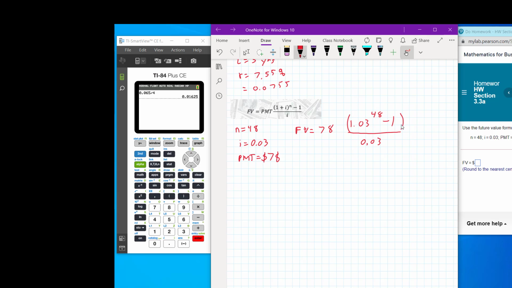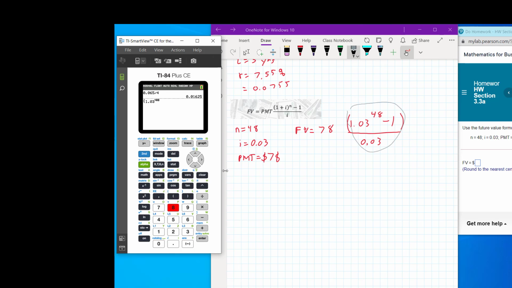So to compute this on my calculator, the first thing I'm going to do is compute this right here, and then I'm going to multiply it by 78. Since I have these two terms in the numerator, I'm going to use my parentheses. So I'm going to start with parenthesis 1.03 hat exponent 48. Wait, that's a 45, not an 8. Let me change that back to an 8.